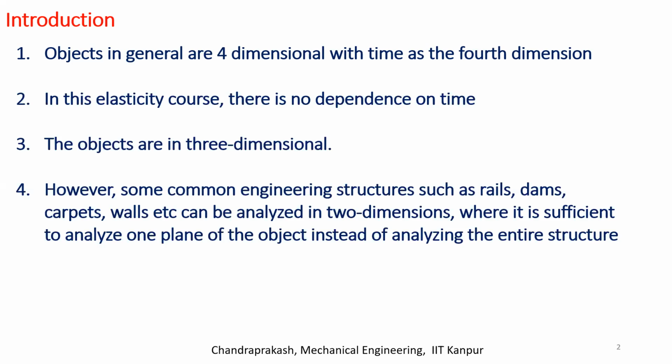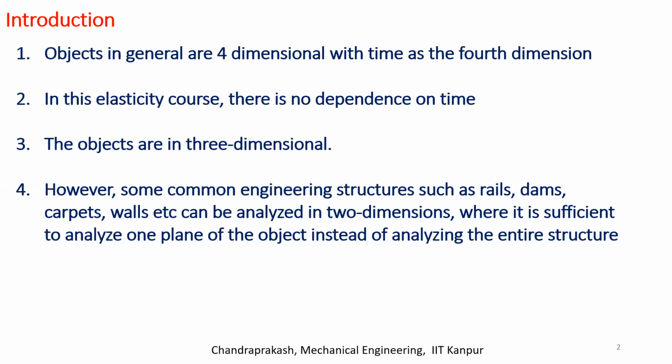However, you will realize that some engineering structures, such as the rails used on Indian Railway trains, dams which hold water, carpets, walls, the paper on which we write, the floor, the window glass panes, the false ceiling, all these objects can be analyzed in two dimensions.